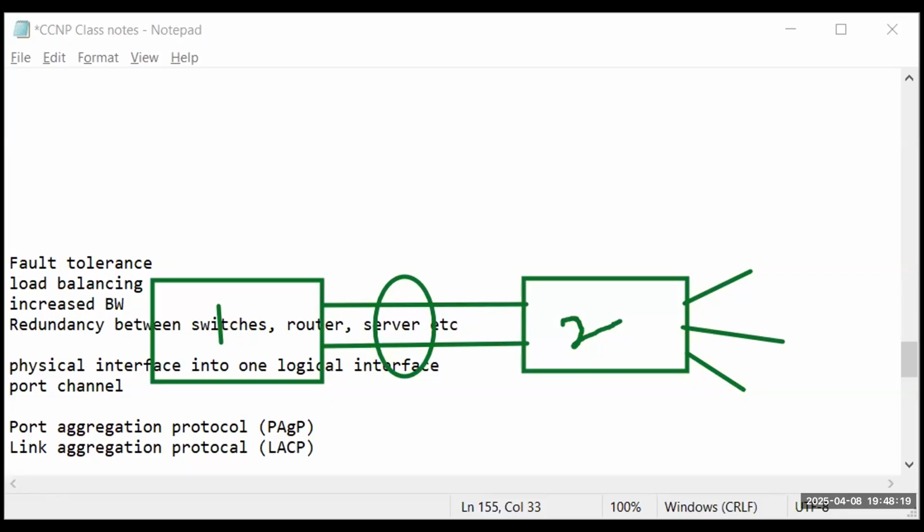A trunk port is what we most commonly use for this. So for LACP, first we need to configure the port channel and group the ports, and then we are going to verify how it works. The configuration commands are as follows.